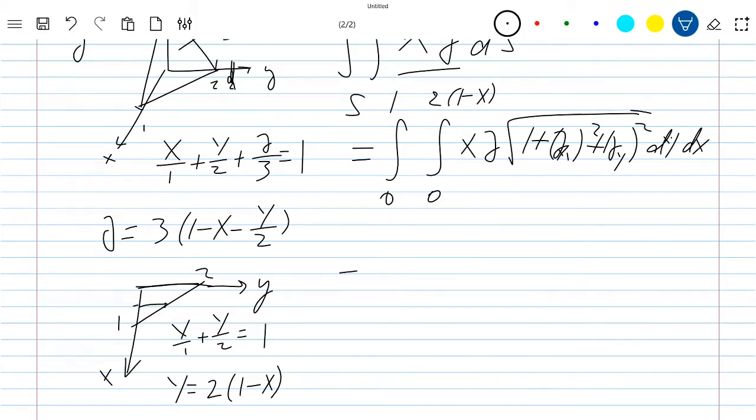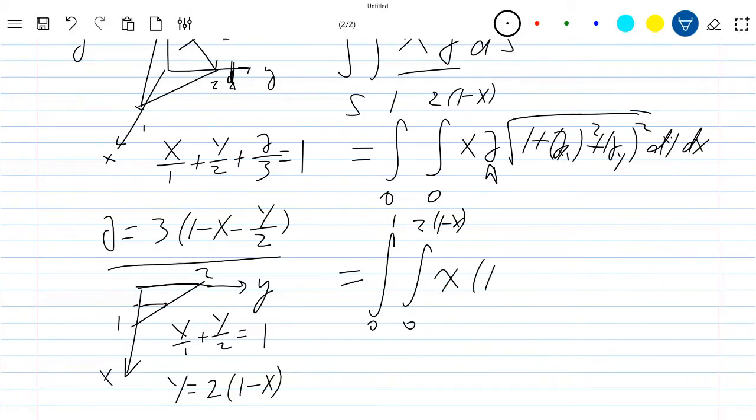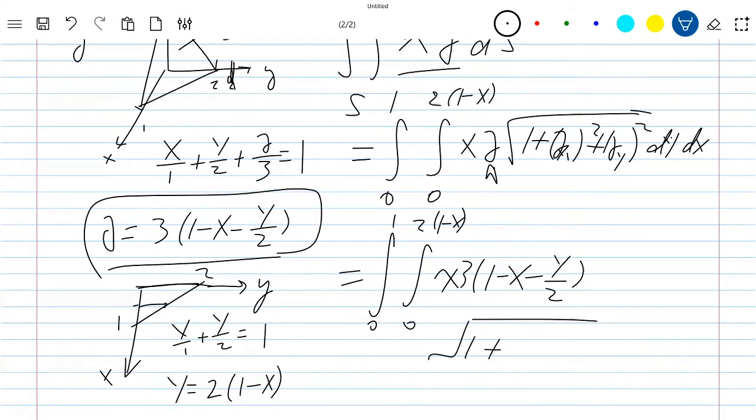Okay, so let's integrate. Well, before that, we have to do one thing. You have to change z, right? Because you cannot have a z there. What is z? Okay, z is here. So it's x times 3 times 1 minus x minus y over 2. Then what's inside of the square root? 1 plus, it's here. So take its x derivative, you get negative 3.